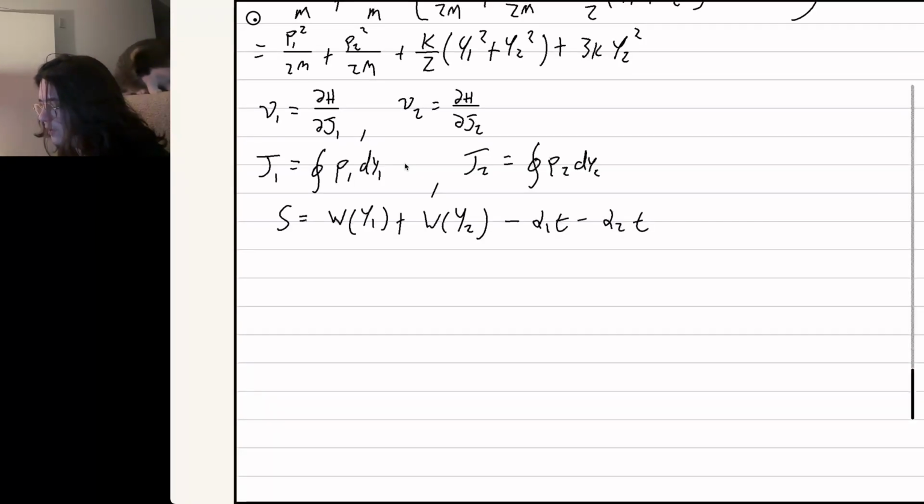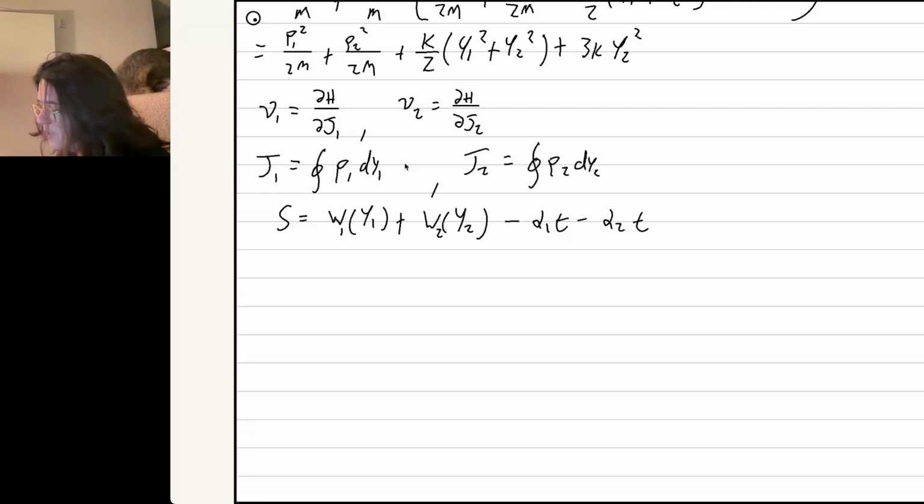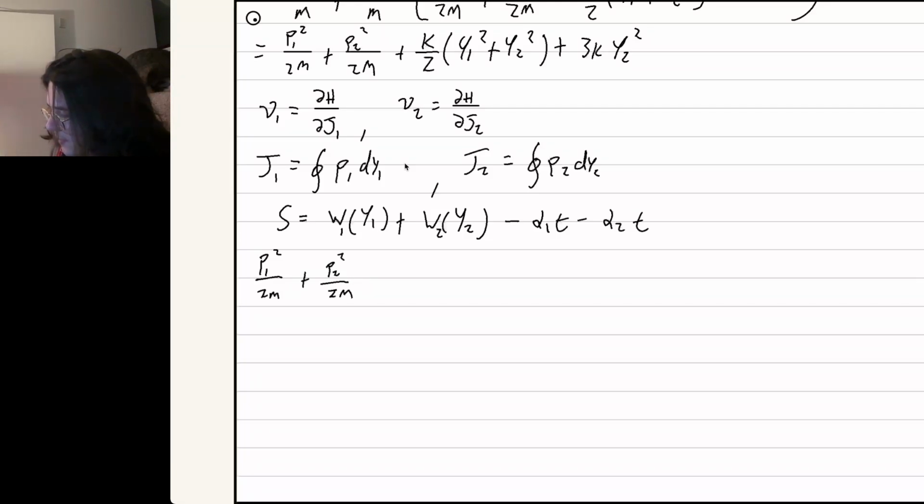Normally we would then redefine the momenta in terms of the partial derivatives of the characteristic functions W1 and W2, but there's no need to do that. We're just going to leave it as p in this case, and so the Hamilton-Jacobi equation will read like this: p1 squared over 2m plus p2 squared over 2m plus k over 2 (y1 squared plus y2 squared) plus 3k y2 squared is equal to alpha 1 plus alpha 2.